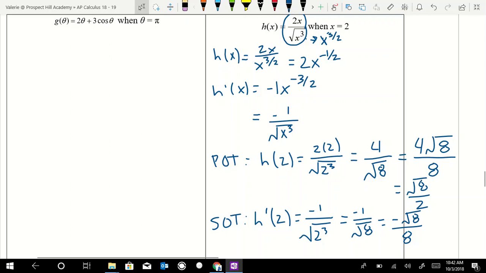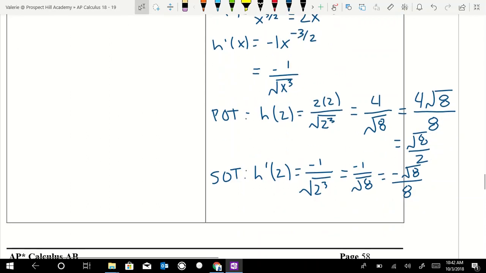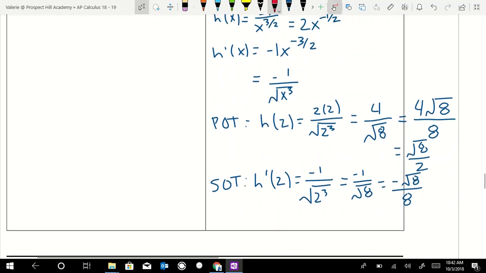All right, now let me write my final equation. So we'll have y minus square root of 8 over 2 equals my slope, which is negative root 8 over 8, times x minus 2.